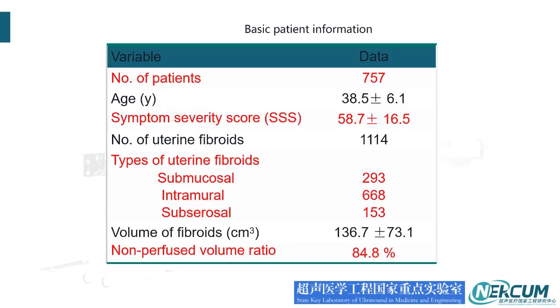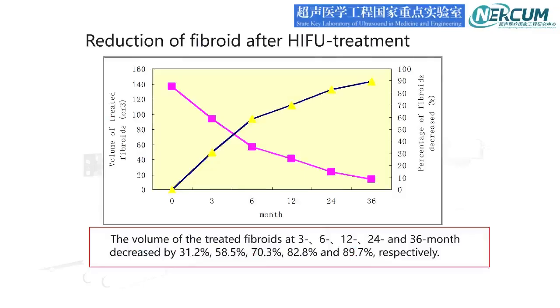We enrolled 757 patients with uterine fibroids, of different types: submucosal, intramural, and subserosal. The treatment results were satisfying.